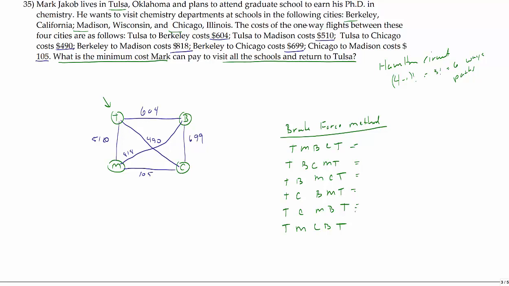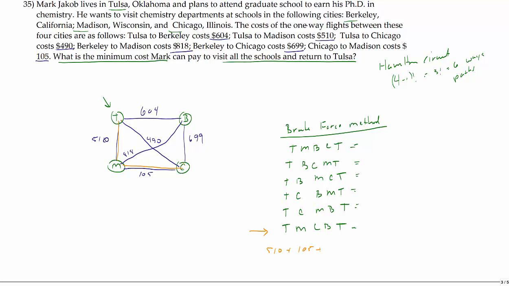And I'm gonna go ahead and compute the cost of each one. So, for instance, let me just take this last one here. When I take this one, I'm going to start here in Tulsa, and I'm going to go then to Madison. So that's going to be 510. And then I go from Madison to Chicago. That's going to be 105.